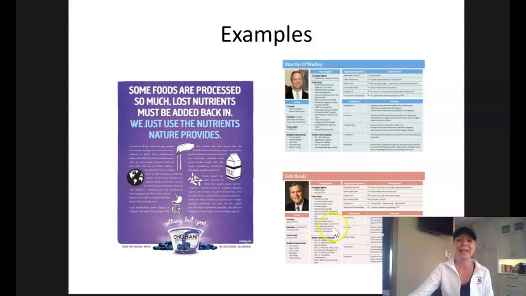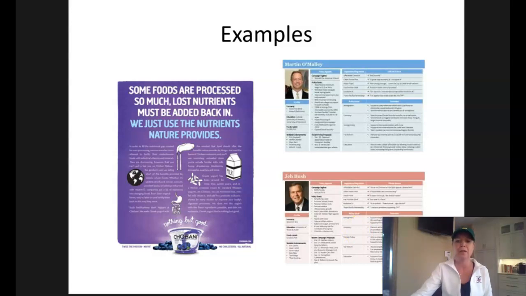When we look at candidates and we really dive into where they stand on issues as opposed to relying on the outside factors like what party they belong to or even what they look like, we're using the central route. Again, it requires a lot of mental effort, but it results in lasting change because you've put the effort into it.